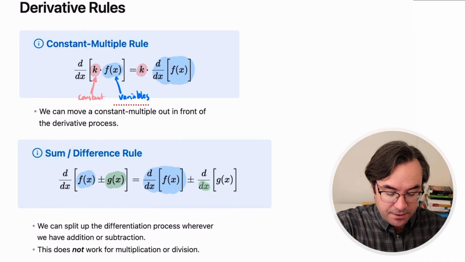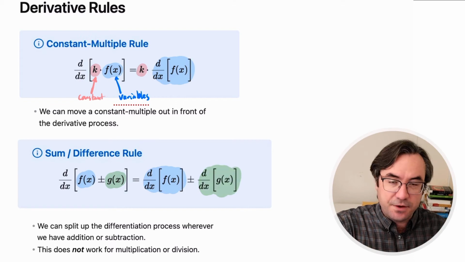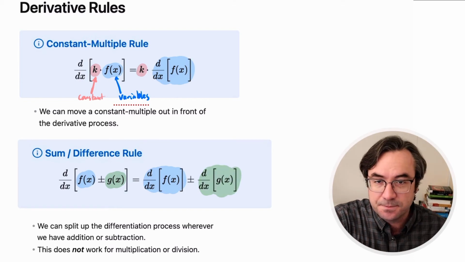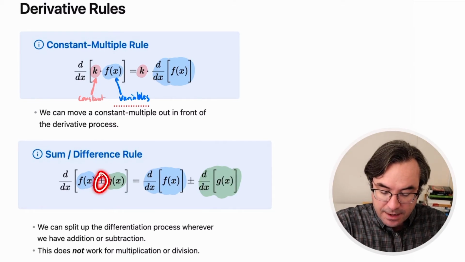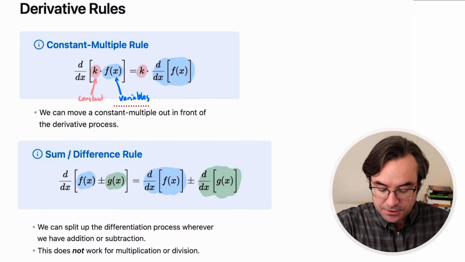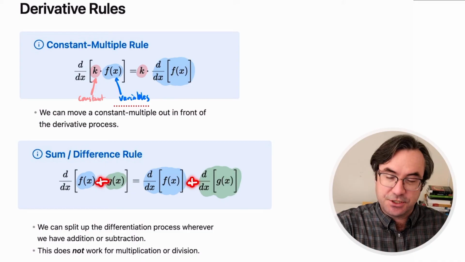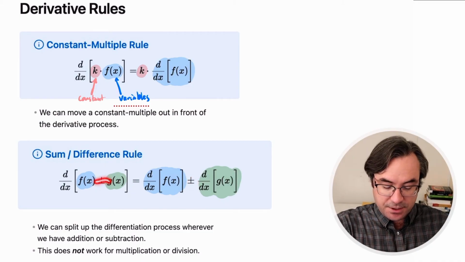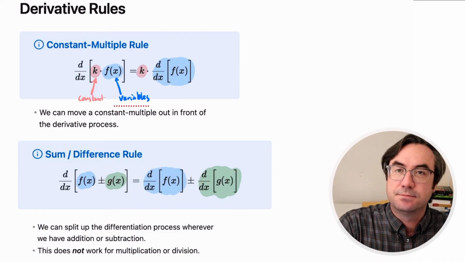Then, separately, we can get the derivative of the second variable piece. And whatever operation was in the middle just stays there. If it was addition, it stays addition. If it was subtraction, it stays subtraction.